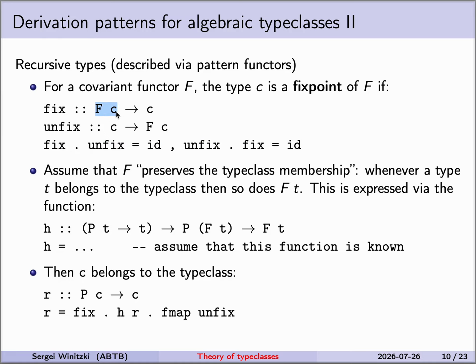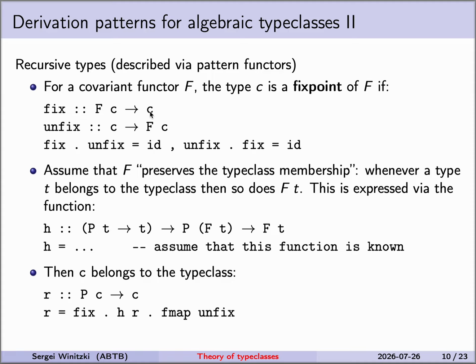In other words, the types fc and c are equivalent in a one-to-one correspondence as types. And if that is the case, then c is called a fixed point of f. The intuition is that you apply f to c and it doesn't change. You get again the same type.